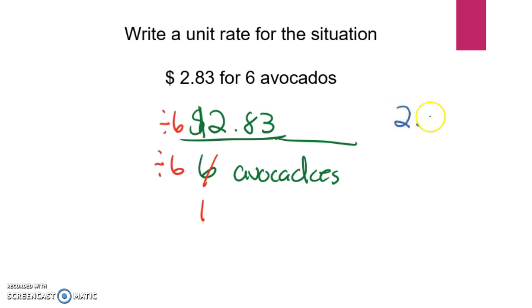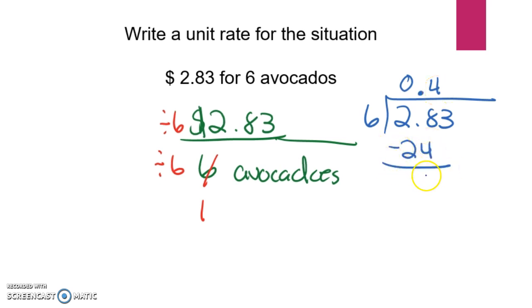So now I have division. I have $2.83 divided by 6. Bring up my decimal point. 6 can't go into 2. 6 can go into 28 4 times. Bring down my 3. 6 goes into 43 7 times. 42. Now, since I'm just asking you for one unit rate, you aren't comparing it to anything. I need an exact price.